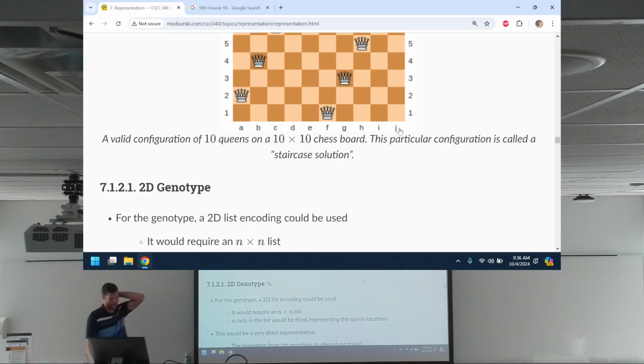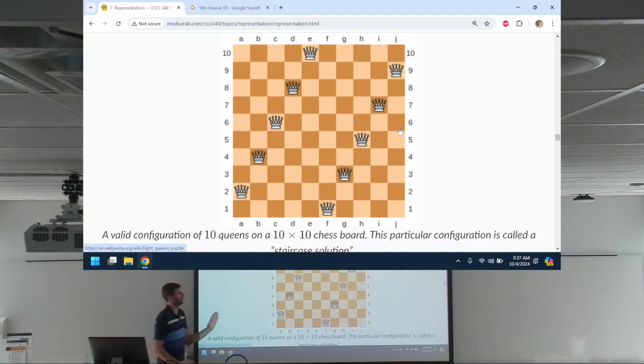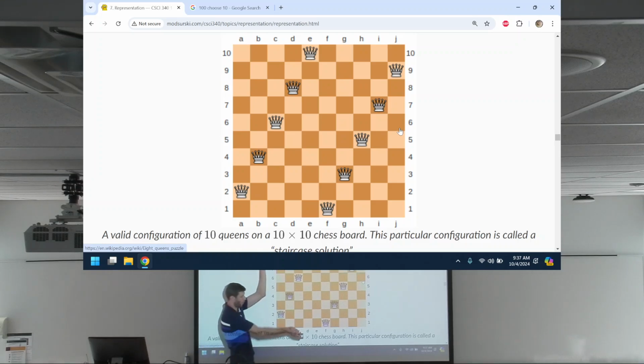Was that clear what I mean? Of every possible configuration of queens on the board in this 2D encoding, which is very direct, one of the possible things that can be represented is an n by n board where the bottom row is all filled. There's also going to be one where this middle row is all filled, and then this one, and this one, and this column, and this column, and that diagonal.